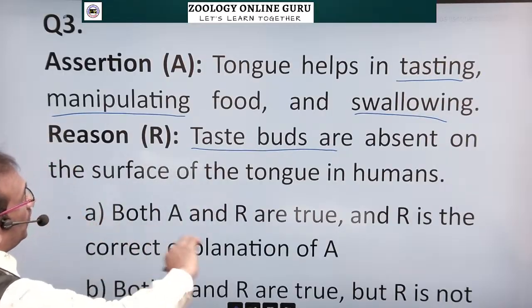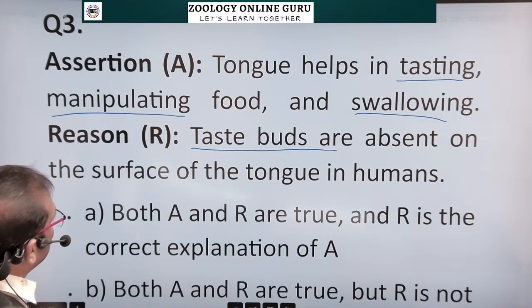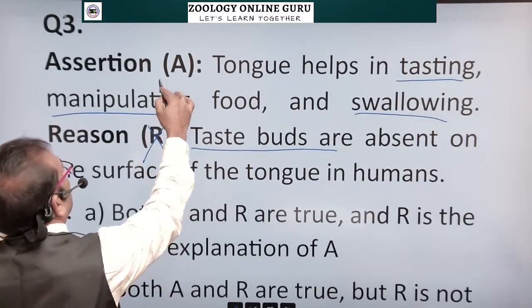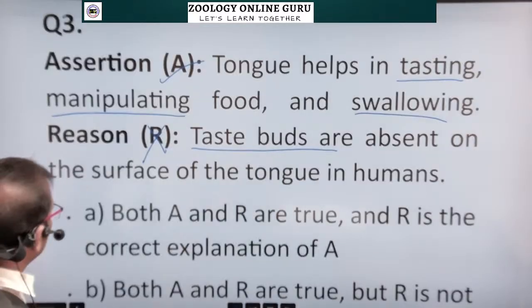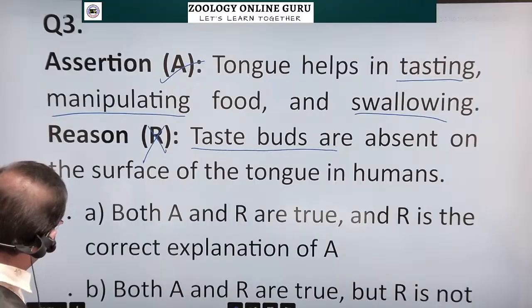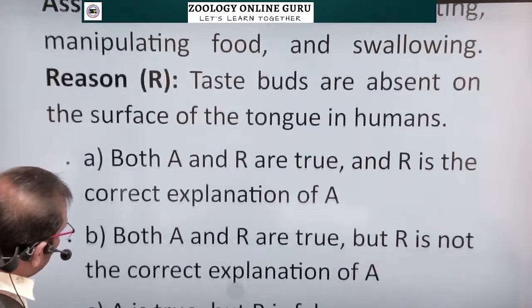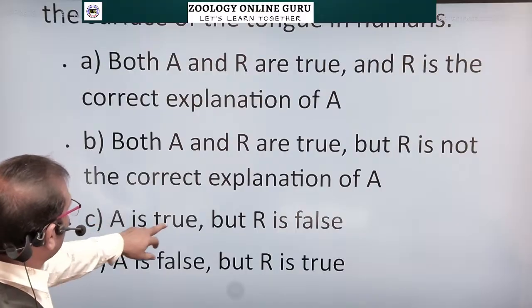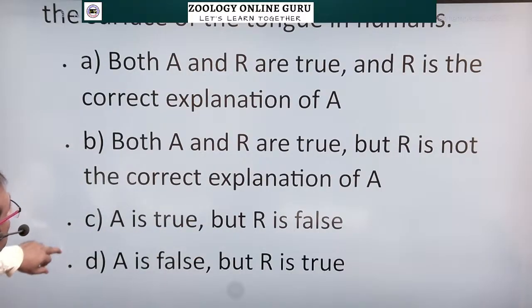No, that is wrong. So A is true, but R is wrong. So the option is C.